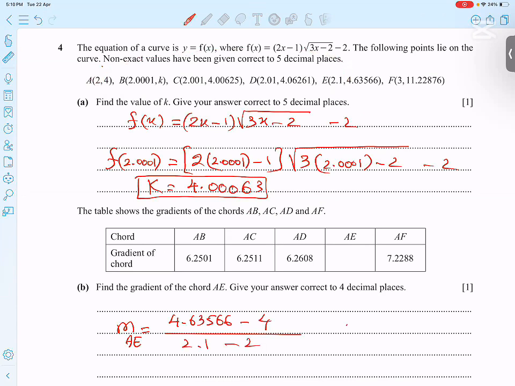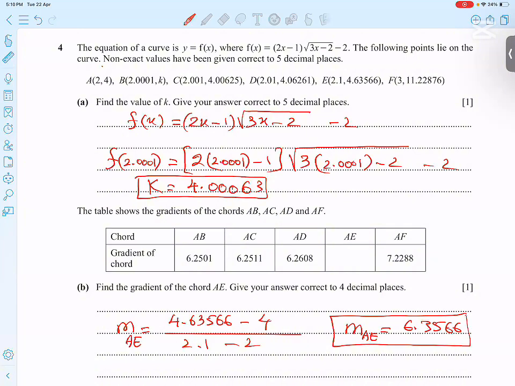Okay, and I'm finding the gradient of AE, which I will check in calculator. So I got 6.3566. So this is not even hard. So we got 2 marks in no time.